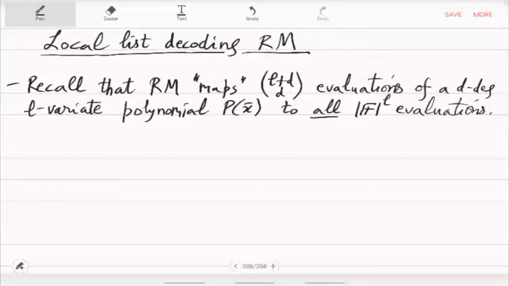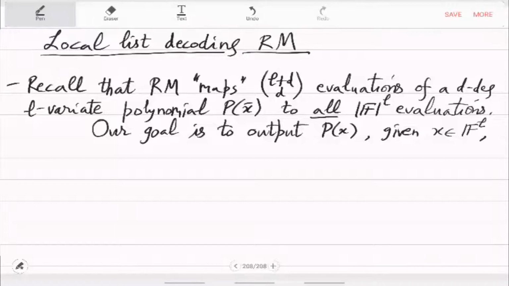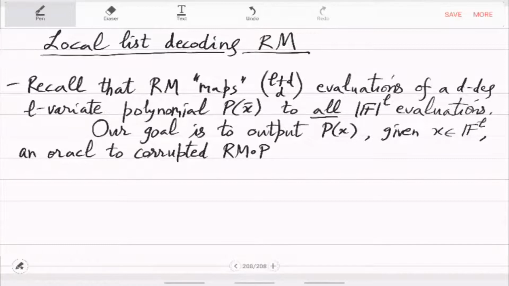So now our goal is to output P of x, given a point x in the space, an oracle to a corrupted code word, Reed-Muller applied on P, and an advice.